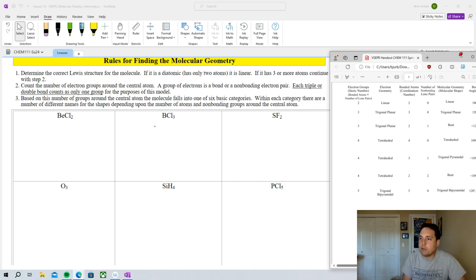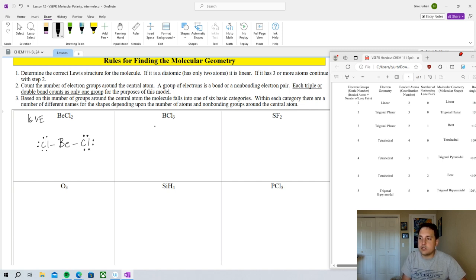We'll start with beryllium dichloride, which has 16 valence electrons, 7 from each of the chlorines, and then 2 from the beryllium. And beryllium, if we remember from the last lesson, is one of the exceptions where it only has 4 shared electrons.